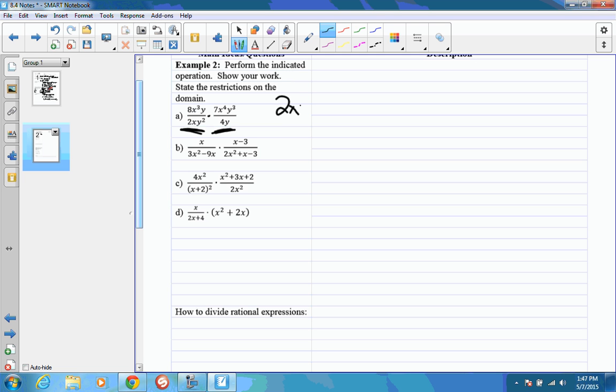So 2x y squared equals 0. We want x by itself, so let's divide by 2y squared. So x equals 0 over 2y squared, which is just 0. So that's my restriction. x cannot equal 0.